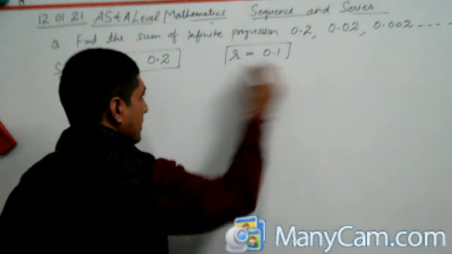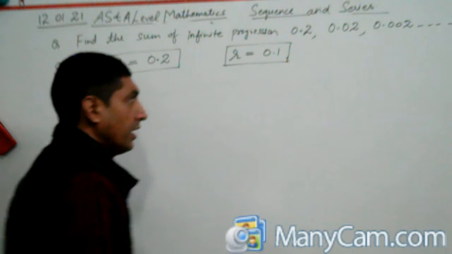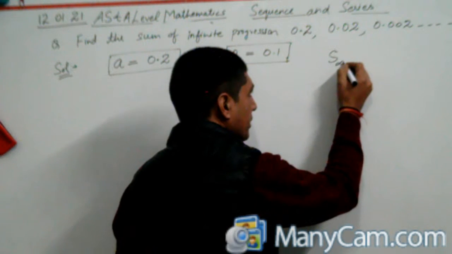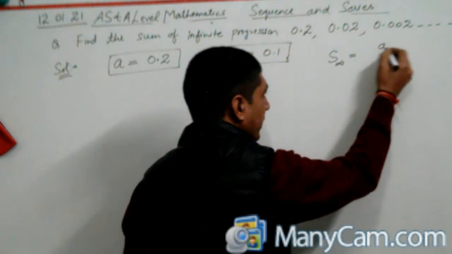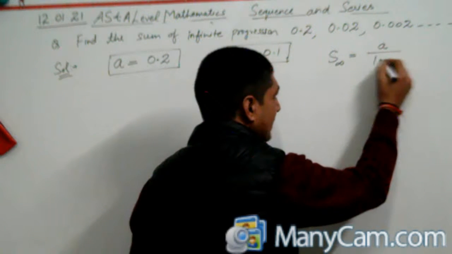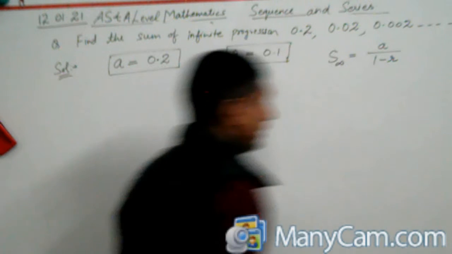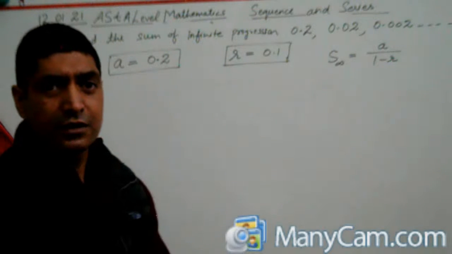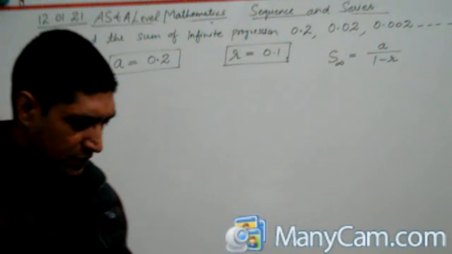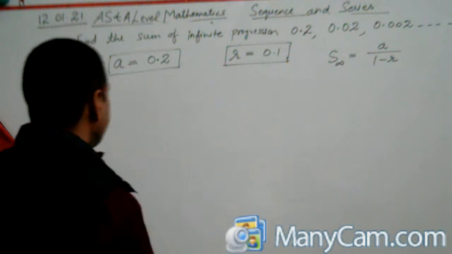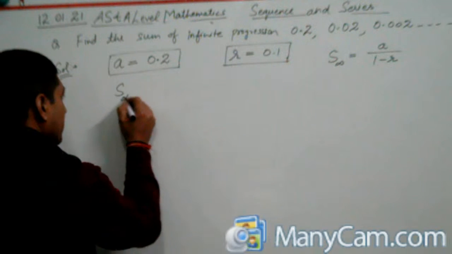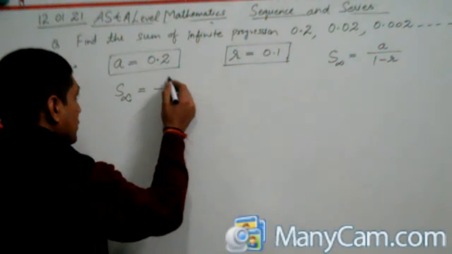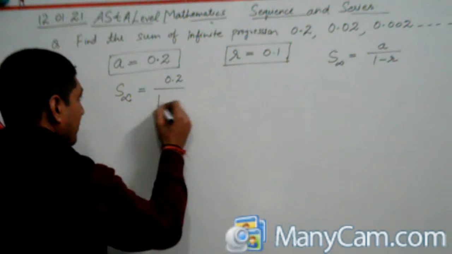So here this is the infinite progression. And for infinite progression, the sum is equal to a upon 1 minus r, and it should be convergent. So the sum of the infinite sequence is 0.2 upon 1 minus r.